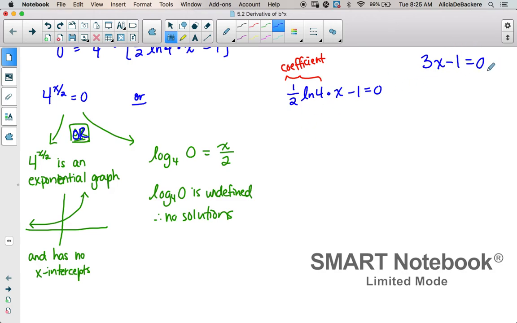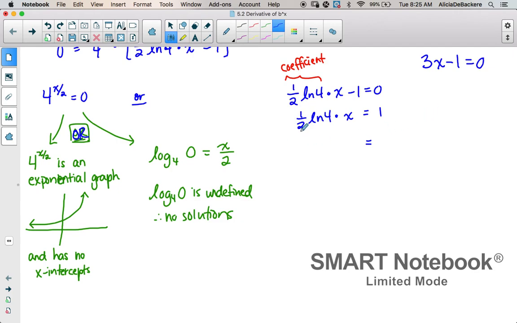Well, what I would do is I would move the 1 over and then divide out the coefficient. So I'm going to move the 1 over, it becomes positive 1, and then I'm going to divide out the coefficient. So hold on here, we'll take our time here and step this out. You can move them over one at a time if you like. I'll take the 1/2 over to the other side.